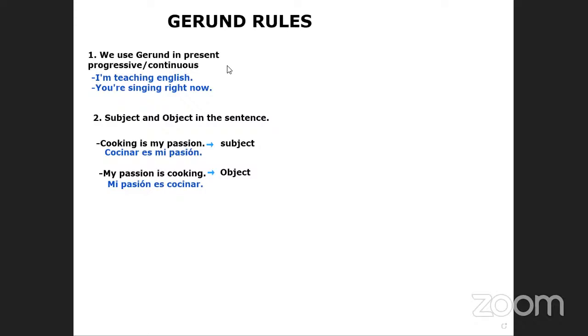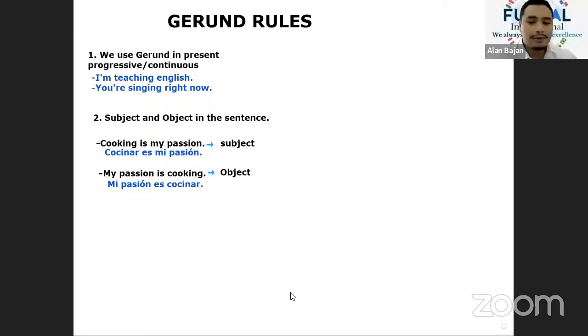For example, teacher, what is the correct? I am working with my parents, or I am to work with my parents. I am working with my parents. That's rule number one. We use gerund in present progressive or present continuous.